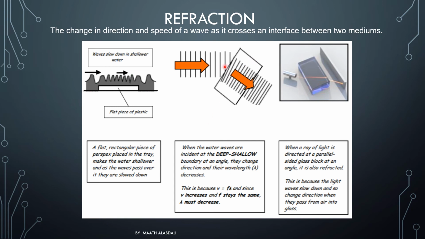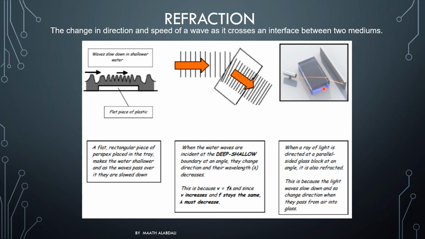When the water waves are incident at a deep-shallow boundary at an angle, they change direction and the wavelength decreases. This is because v equals f lambda, and since the frequency stays the same while the velocity decreases, the wavelength lambda must decrease. This is also demonstrated in this example: a ray of light directed at a parallel-sided glass block at an angle is also refracted.